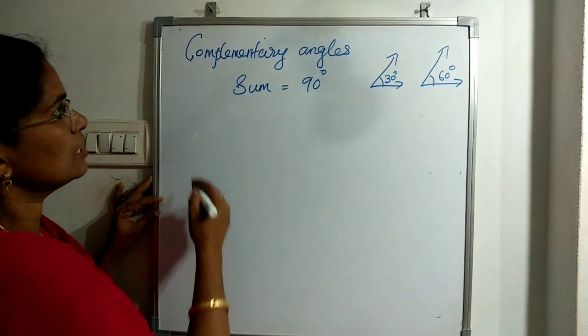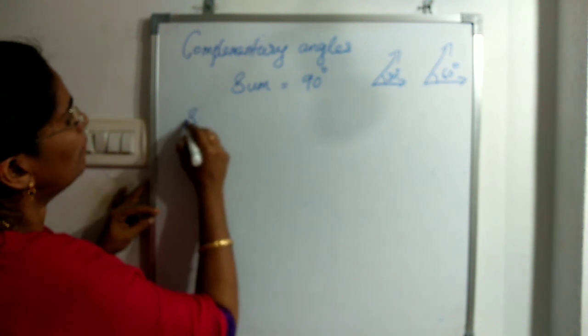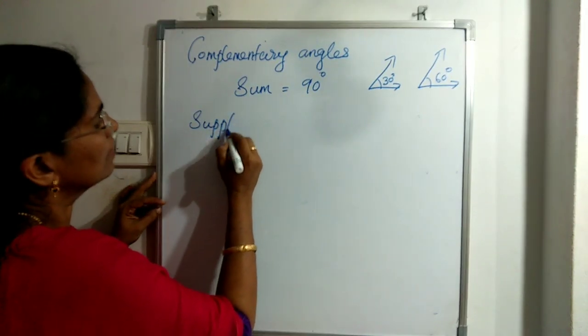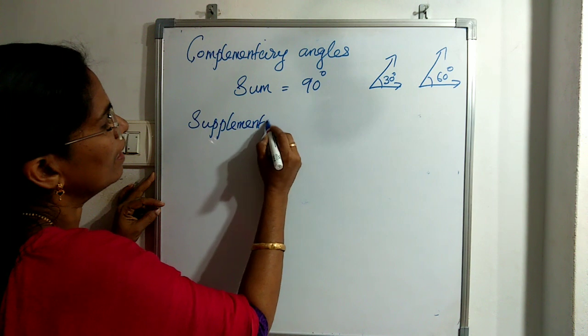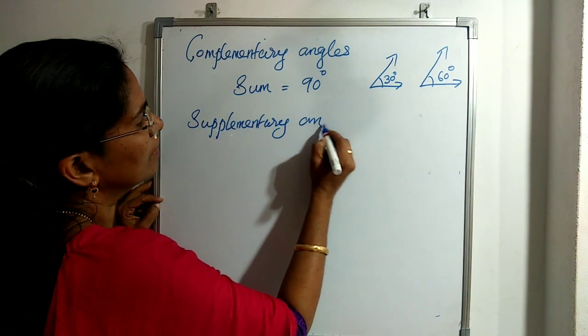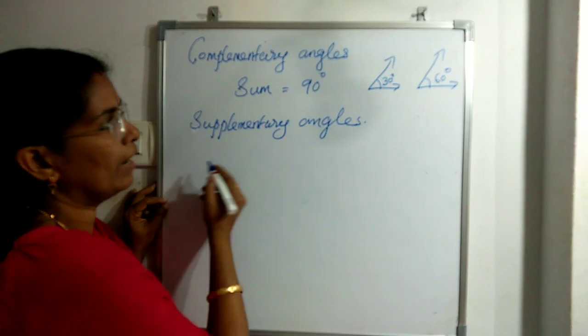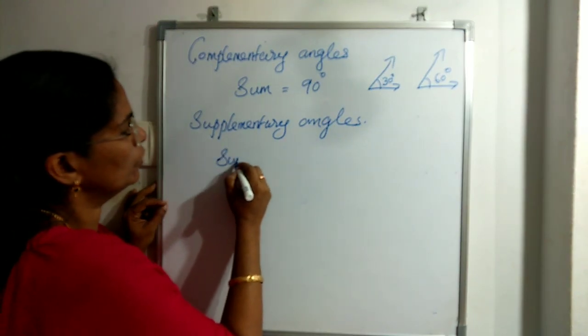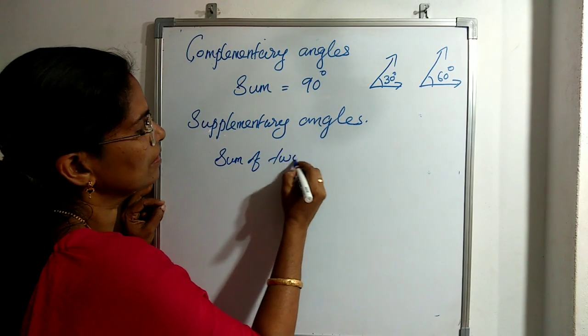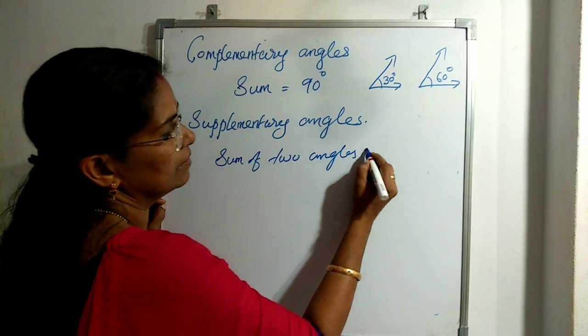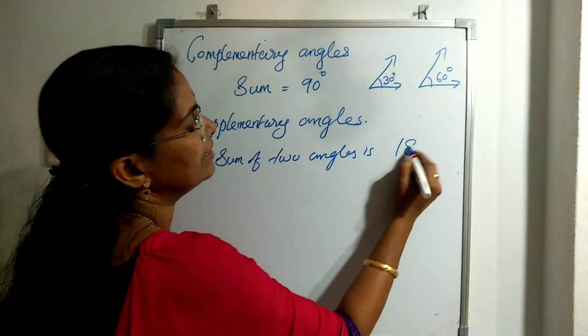Next one is supplementary angles. Supplementary angles means the sum of two angles is 180 degree.